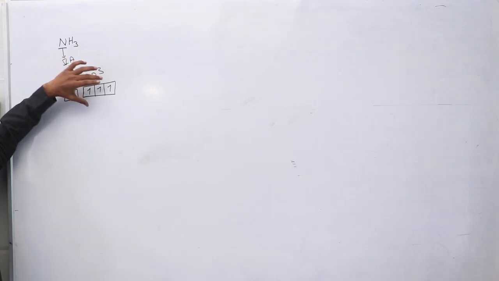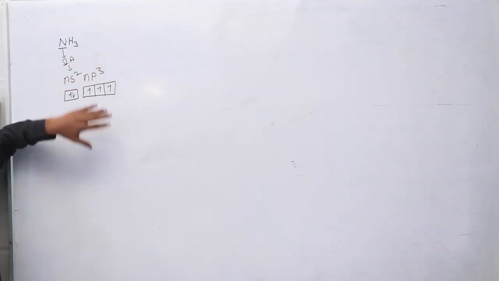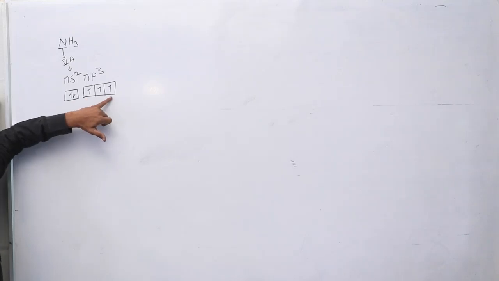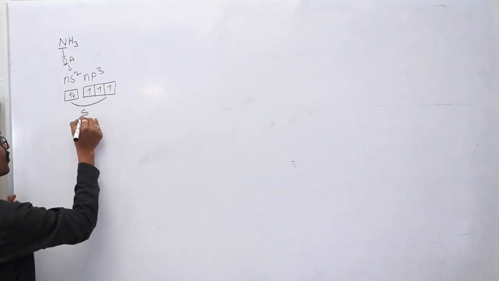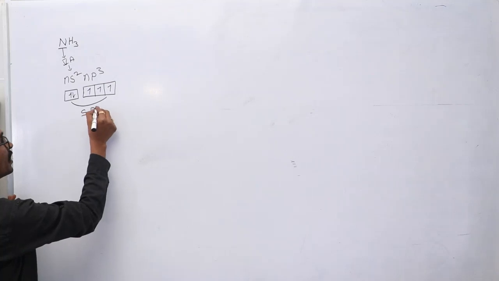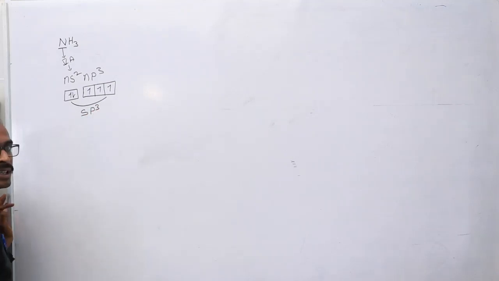So it needs to form how many sigma bonds? 3 sigma bonds. And it is having how many unpaired electrons? 3 unpaired electrons. So what happens? It undergoes sp3 hybridization. 1 s orbital and 3 p orbitals are involved in the hybridization process.